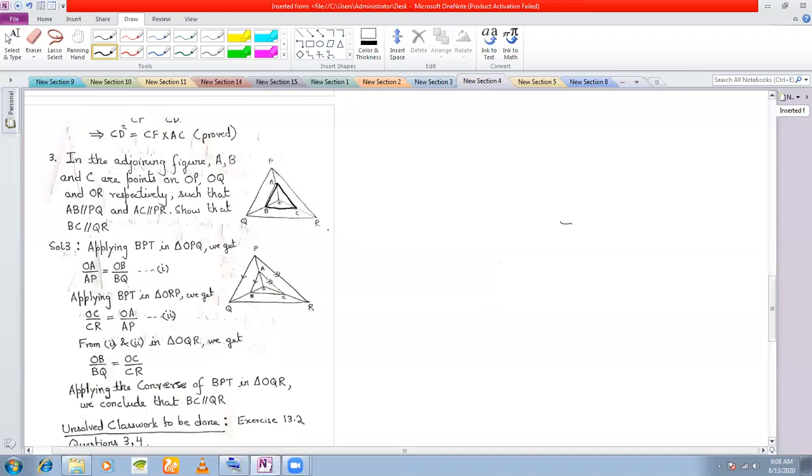In the given figure, A, B, and C are points on OP, OQ, and OR. So see these 3 points. A is a point on this line, B is a point on this line, and C is a point on this line, such that AB is parallel to PQ. Fine, let us mark AB.